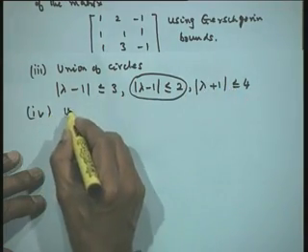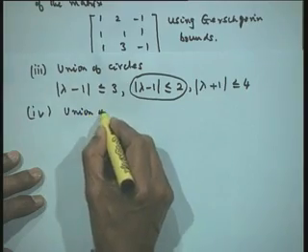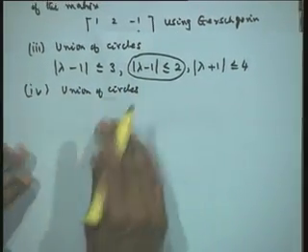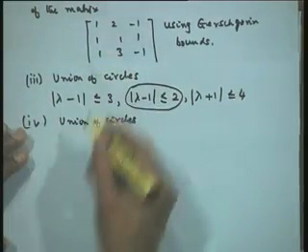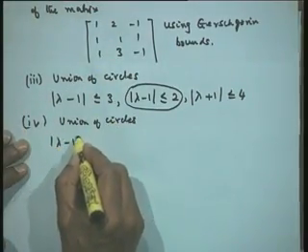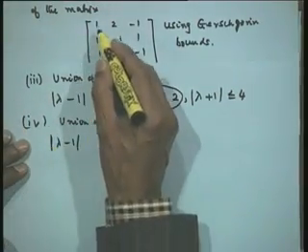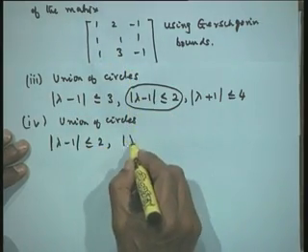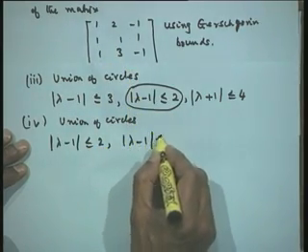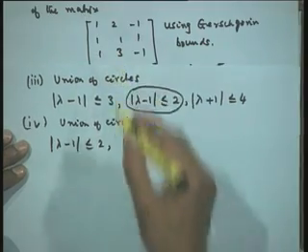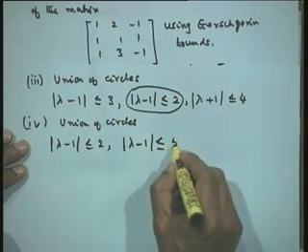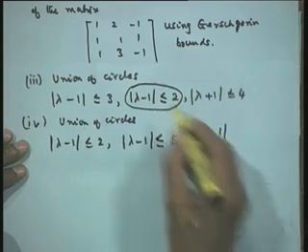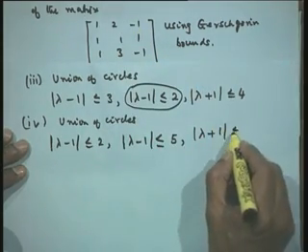Now, the fourth bound is the union of circles, taken with respect to columns. The first column gives magnitude lambda minus 1 is less than or equal to 2. The second column gives magnitude of lambda minus 1 is less than or equal to 3 plus 2, that is 5, and the third column gives lambda plus 1 is less than or equal to 2.